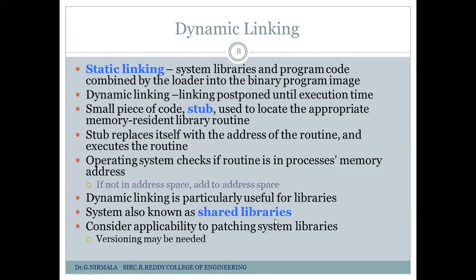Here, static linking means system libraries and programs are combined by the loader into the binary images during the compilation time. That is static linking. During the runtime, the linking is postponed until the execution time, which is called dynamic linking. C++ provides a runtime environment, runtime polymorphism or dynamic polymorphism, whereas C supports static polymorphism.